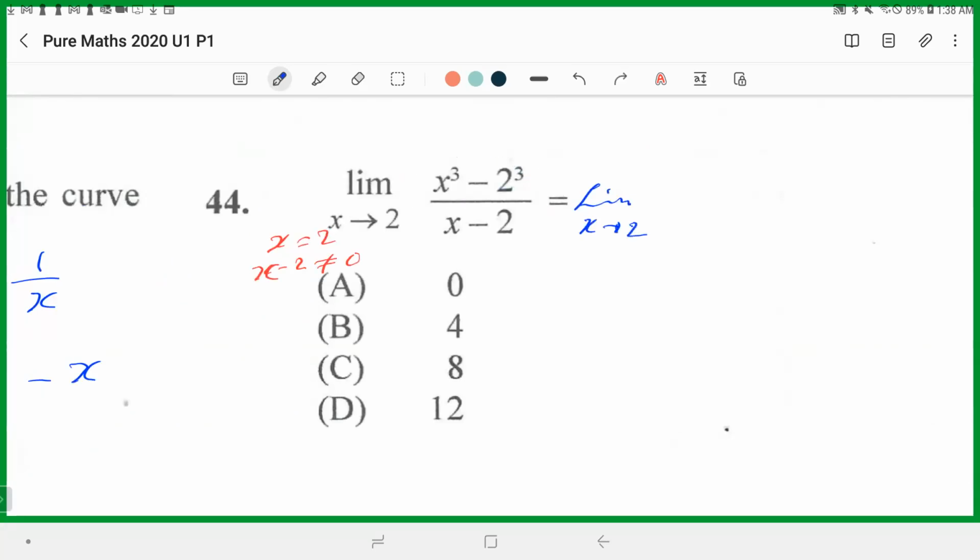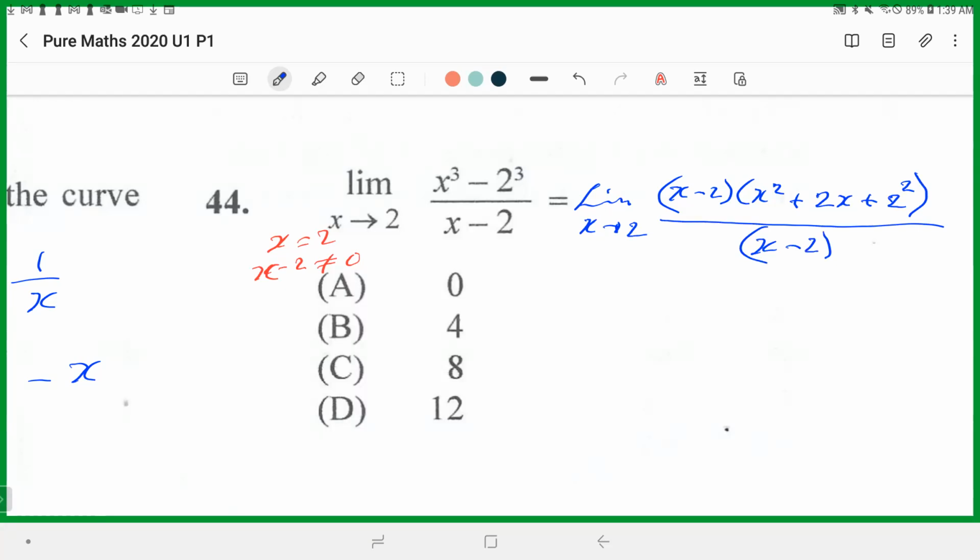That's the difference of two cubes, which becomes x minus 2 times x squared plus x times 2, which is 2x, plus 2 squared, 2 times 2. That's how we factorize the difference of two cubes and then divide by x minus 2.